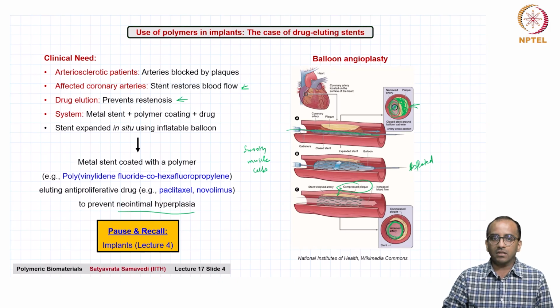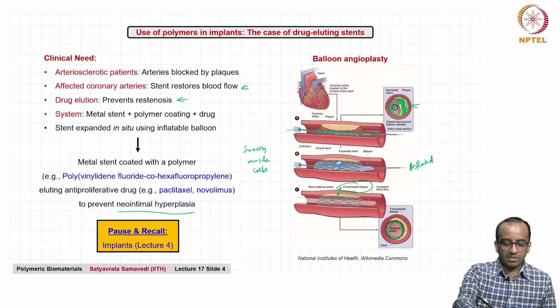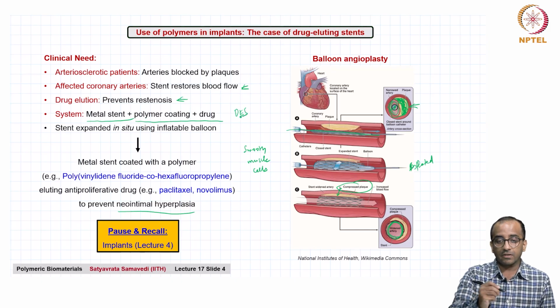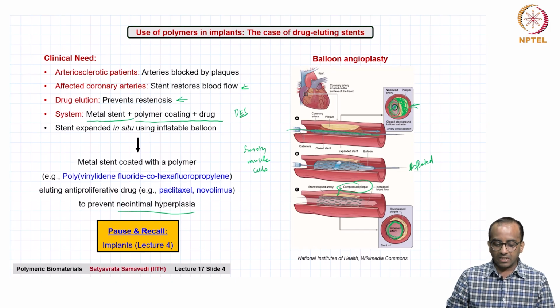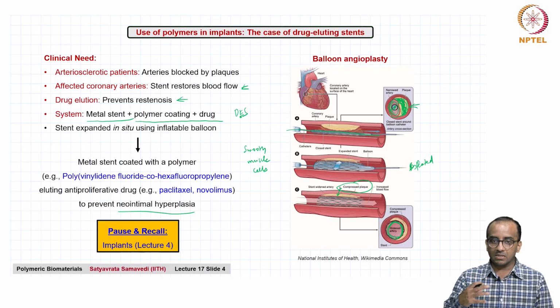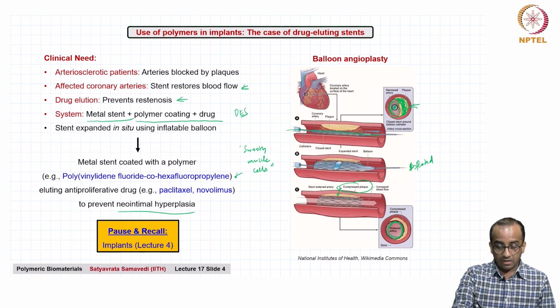Now, to avoid this problem, what is typically done is people use what is called a drug-eluting stent. A drug-eluting stent is a metal stent coated with a polymer with a drug that elutes over time. And what this drug will do is to actively prevent the migration and proliferation of these smooth muscle cells, which will prevent restenosis. And here we are actually mentioning specific names of polymers.